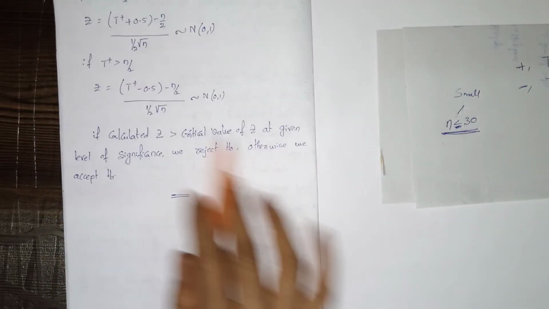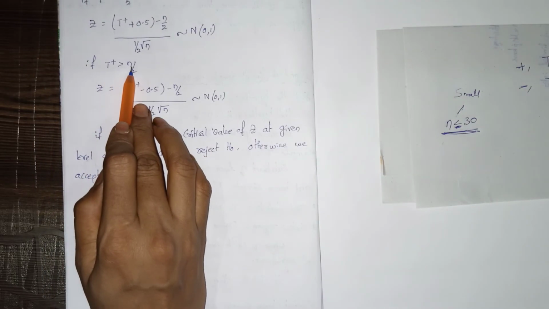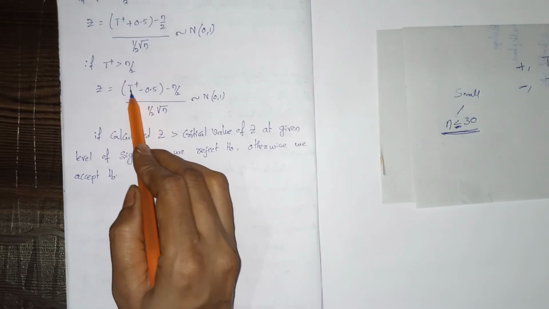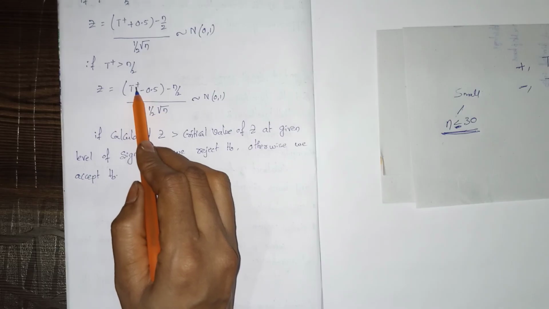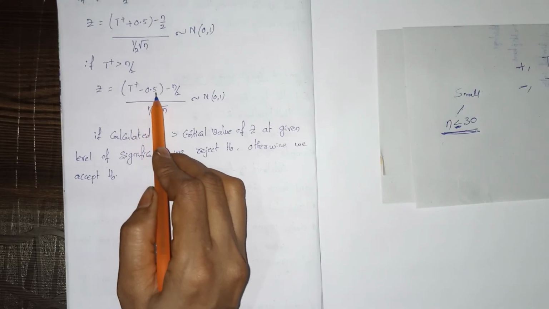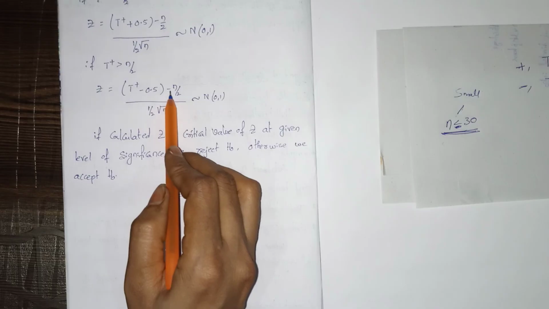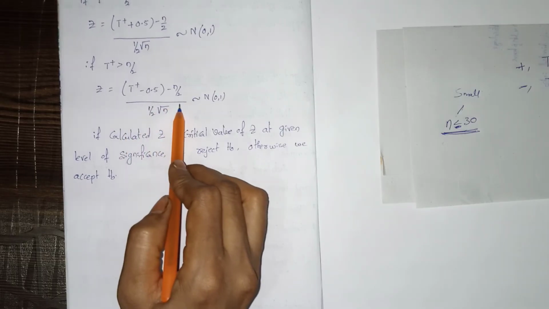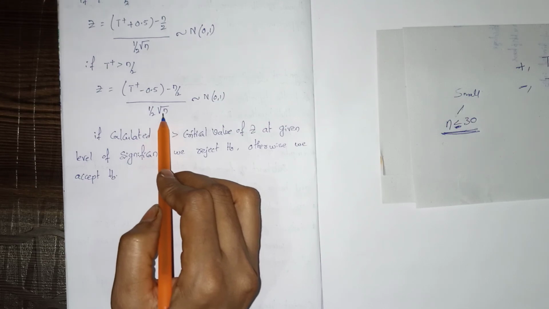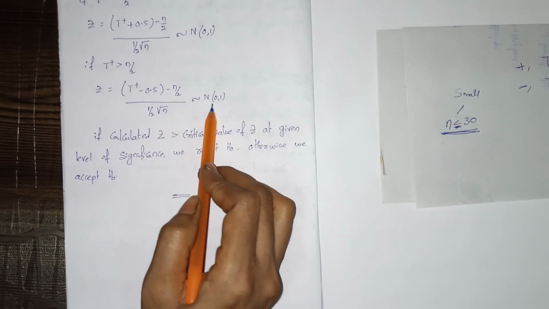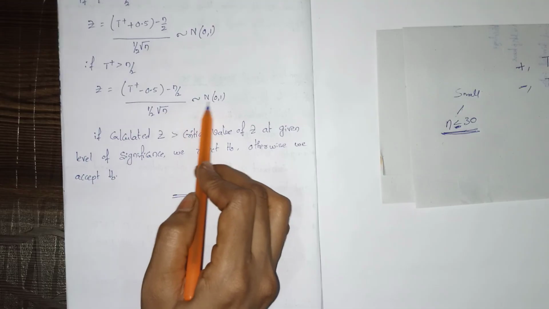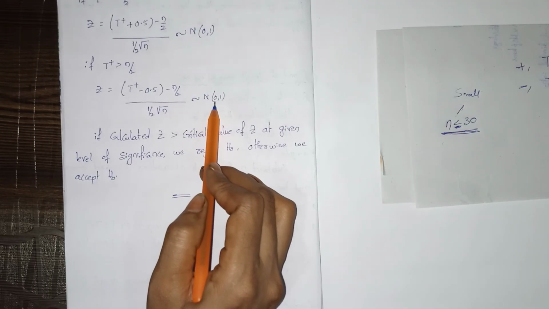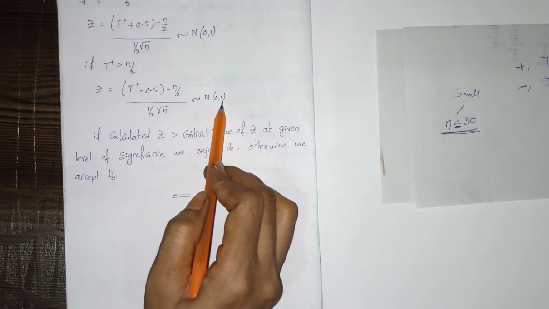If T+ is greater than n/2, then z = (T+ − 0.5 − n/2) / (1/2 × √n), where T+ is the number of positive signs. That follows the normal distribution N(0, 1), where 0 indicates the mean and 1 the variance.